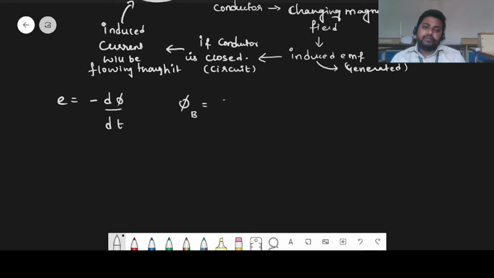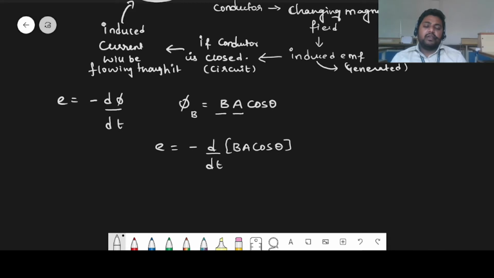Phi is nothing but BA cos theta. The number of magnetic field lines passing through the unit area of cross section along the area vector, or perpendicular to the surface area, is what we call magnetic flux.